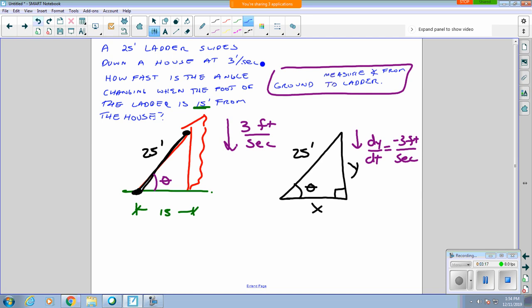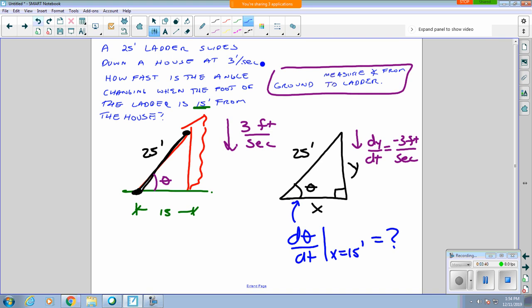And what we want to find, and I'll do it in blue, is dθ/dt when x is 15 feet. That's our unknown. So what we've done is make a sketch, and developed the sketch into an actual math problem triangle.